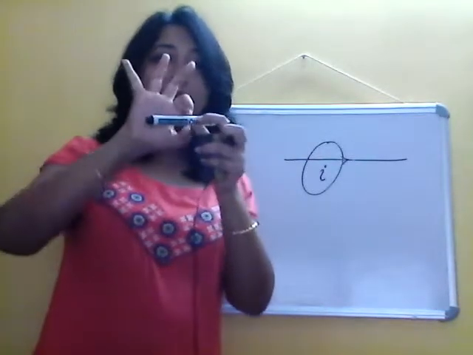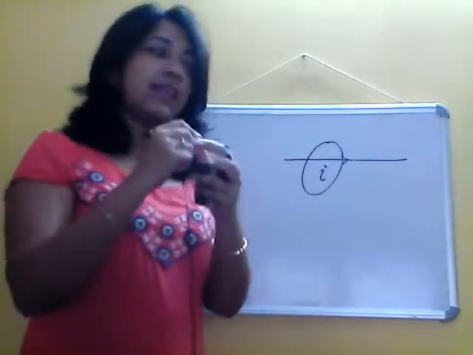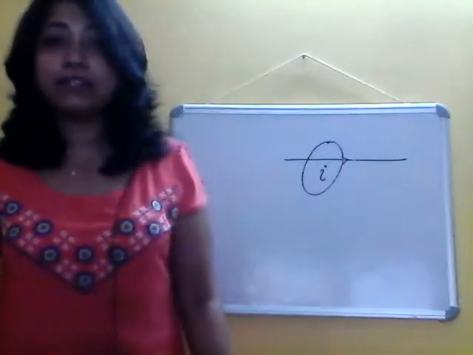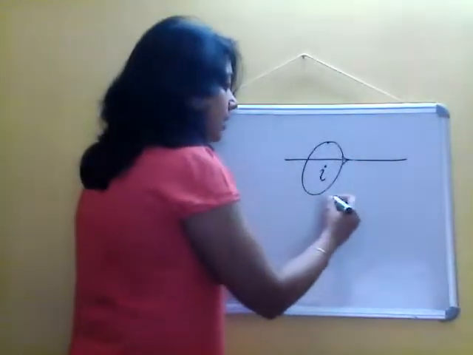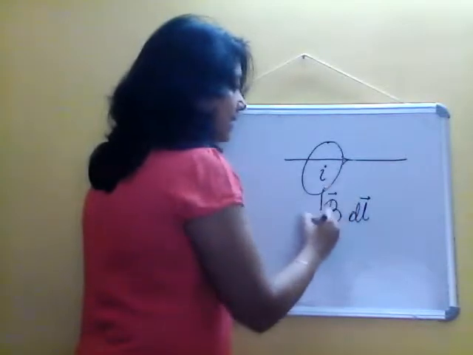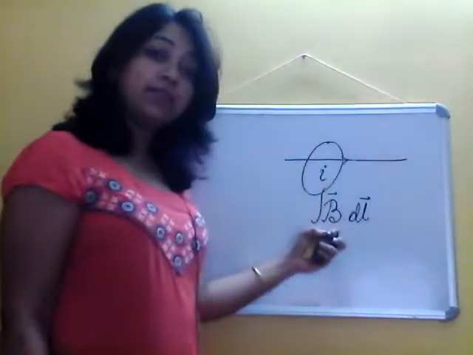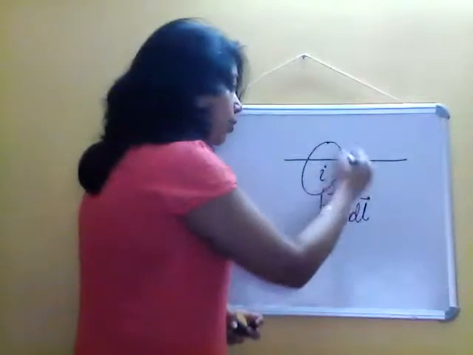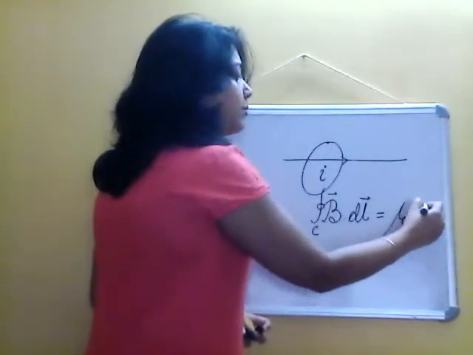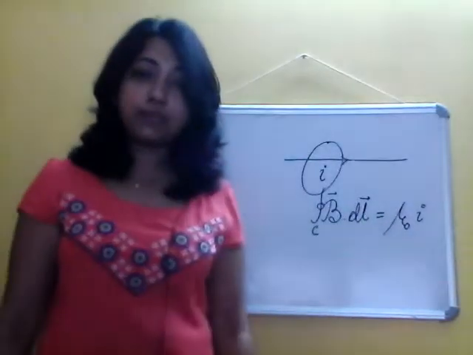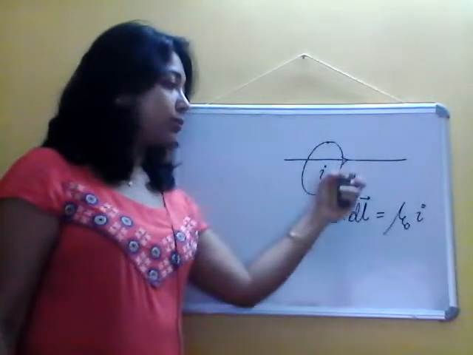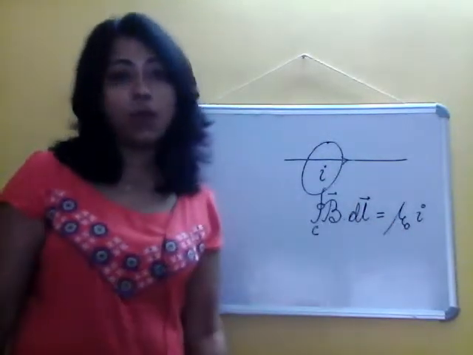At any point on this loop, we will be able to calculate the magnetic field with the help of the law which Ampere told us, that the line integral of this magnetic field in this closed contour is just the current multiplied by the permeability of free space, mu 0. So B dot dl calculated over the closed contour is nothing but mu 0 I.